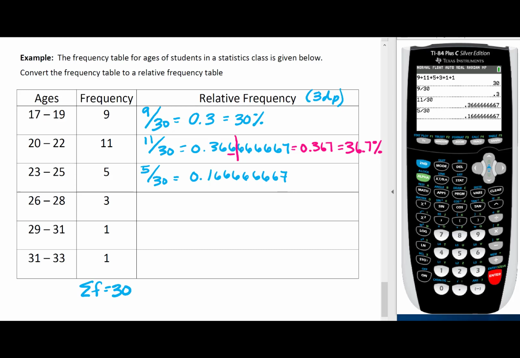So we go ahead and round. If we do 3 decimal places, this 6 next to it makes this 6 go up. So it's going to be 0.167. Multiply it by 100, or simply move the decimal 2 places to the right. So that's going to be 16.7%.